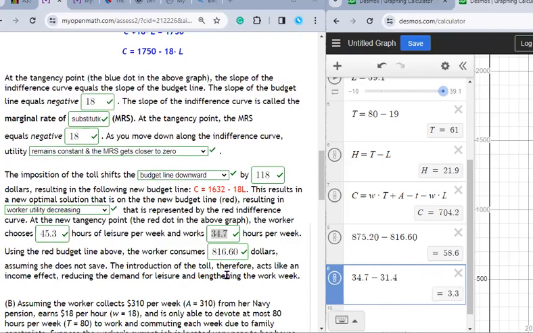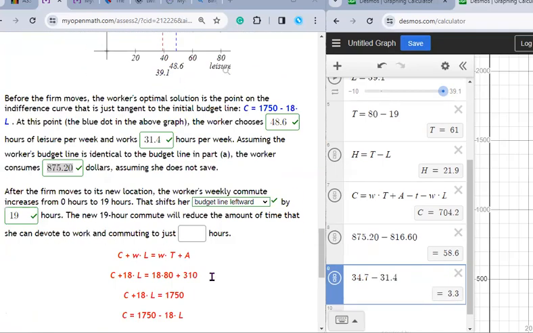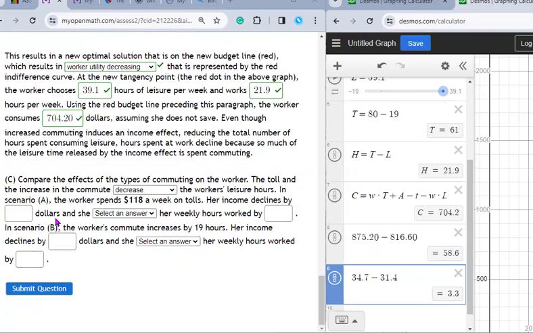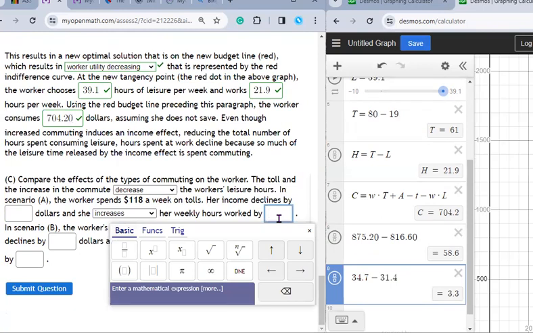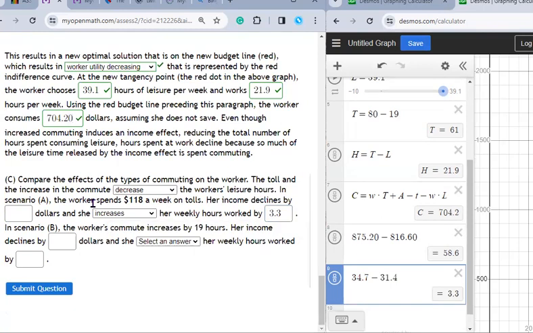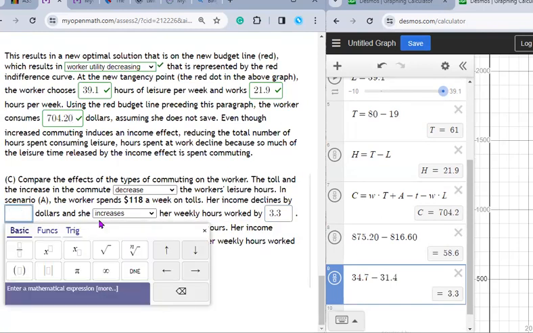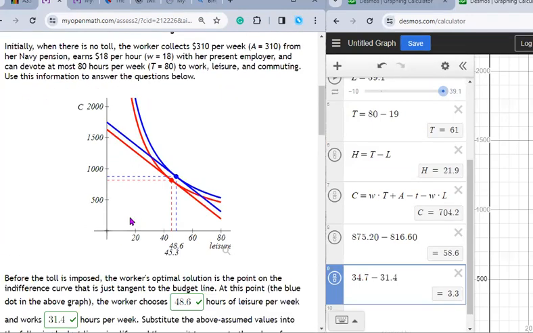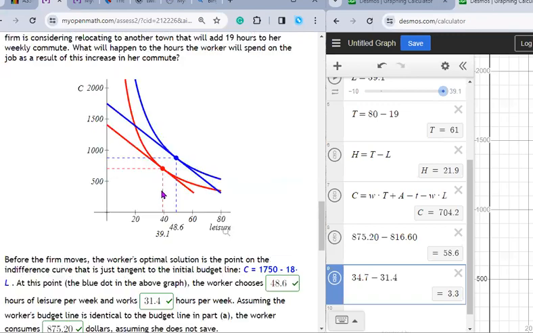So her hours worked increased by 3.3 hours. Her income declines by $58.60. And that's with the toll, right?